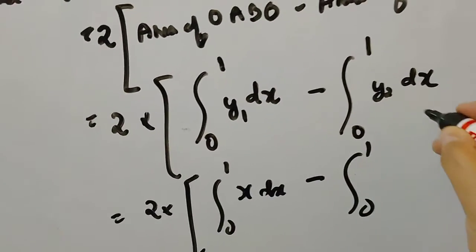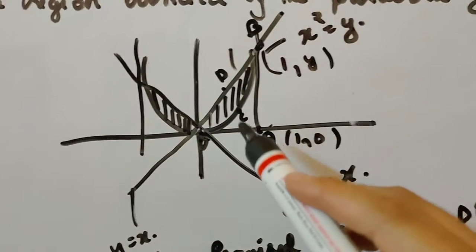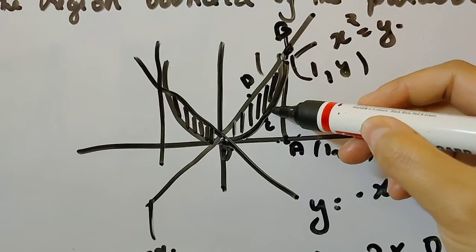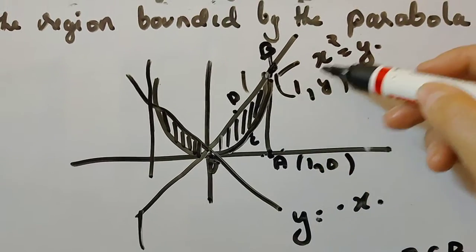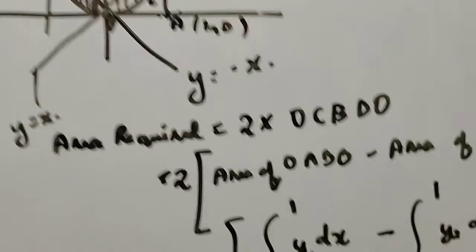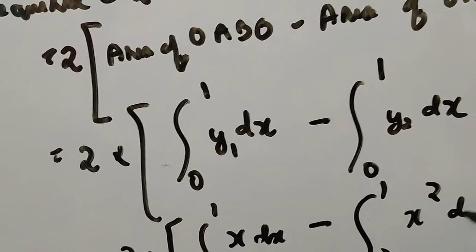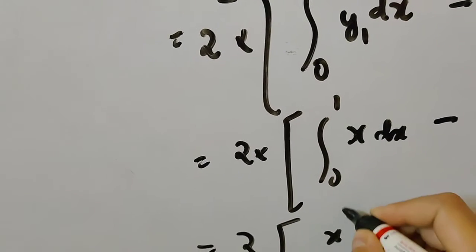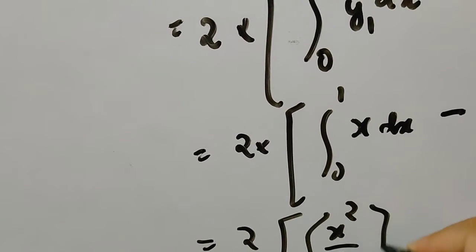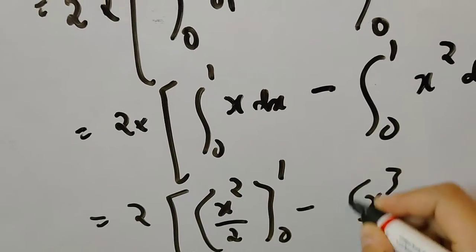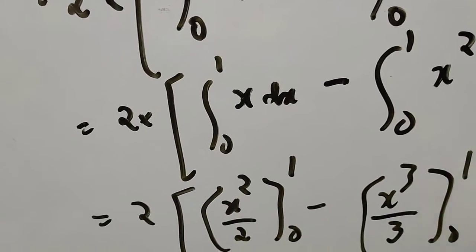Minus 0 to 1 of y2 dx, that is this non-shaded portion, which is bounded by the parabola, so y will be x square in this case. So 2 into [x square by 2 from 0 to 1 minus x cube by 3 from 0 to 1].